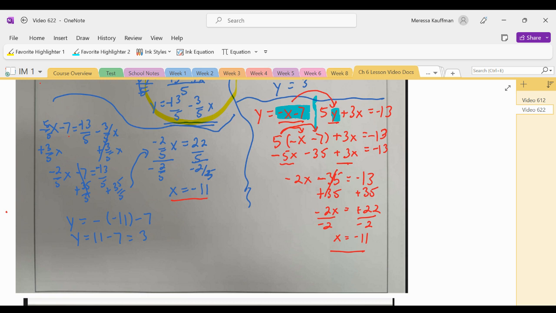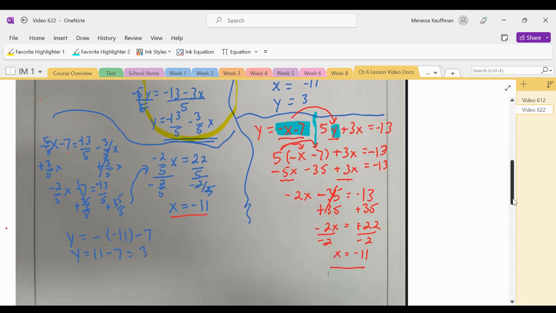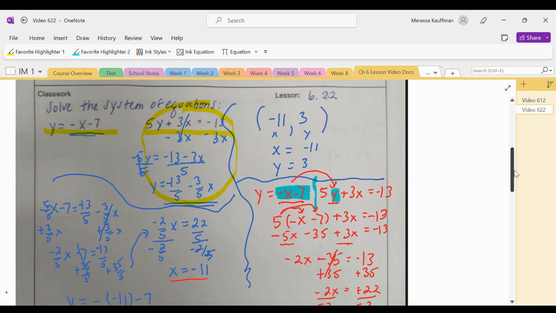So nice, right? So if this is negative 11, my answer for y has to be positive 3 because, look, I put that negative 11 into this equation and I got 3 out. I hope that looks like an easier way to find the solution or the point of intersection of those two equations, that system of equations.